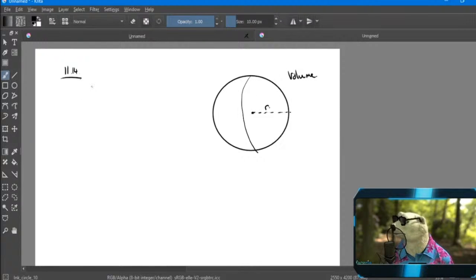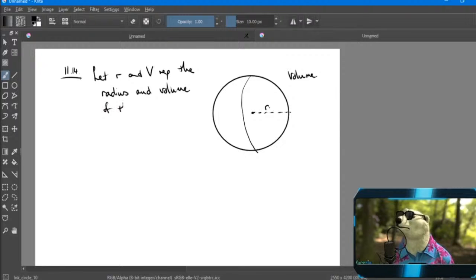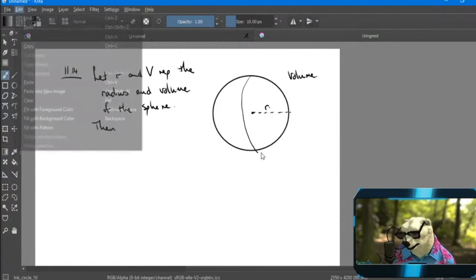So we need to know the volume. Oh, first we need to find our variables. So let r and V represent the radius and volume of the sphere.